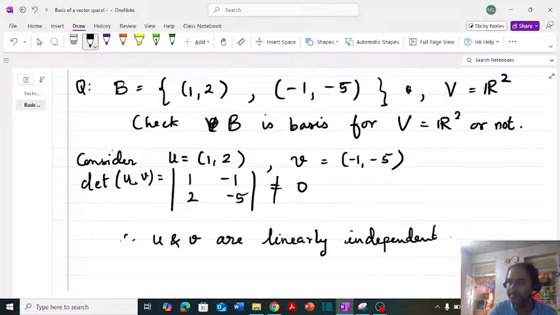Understood how to show something is linearly independent?